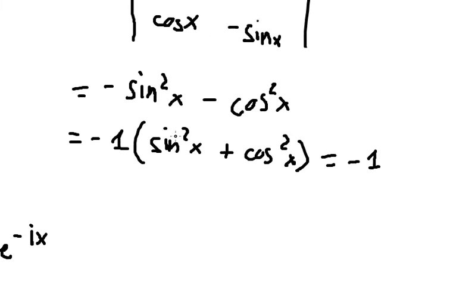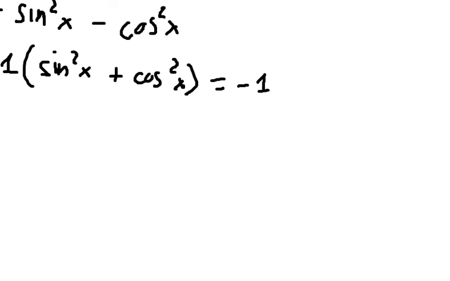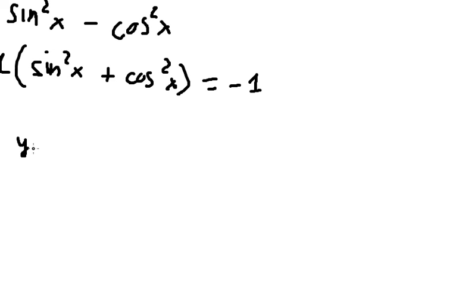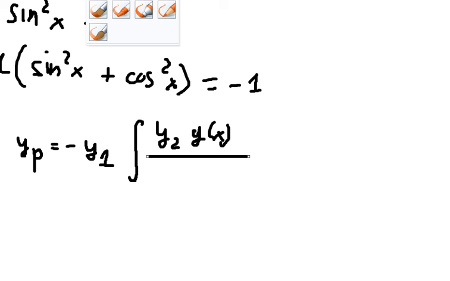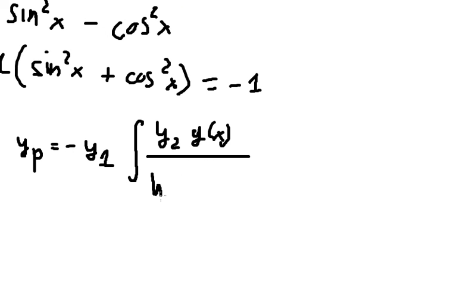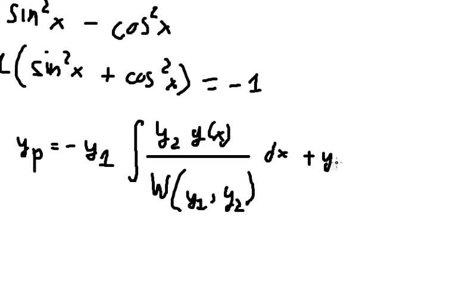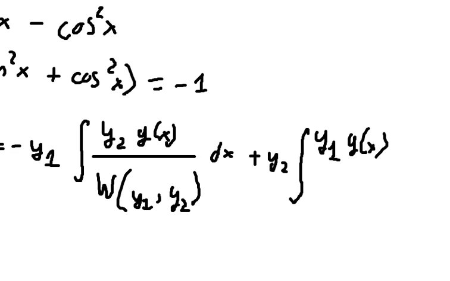And now, after we have everything in here, we can find yp, that is the particular solution: negative y1 times the integration of y2 g(s) over the Wronskian, ds, plus y2 times the integration of y1 g(s) over the Wronskian.